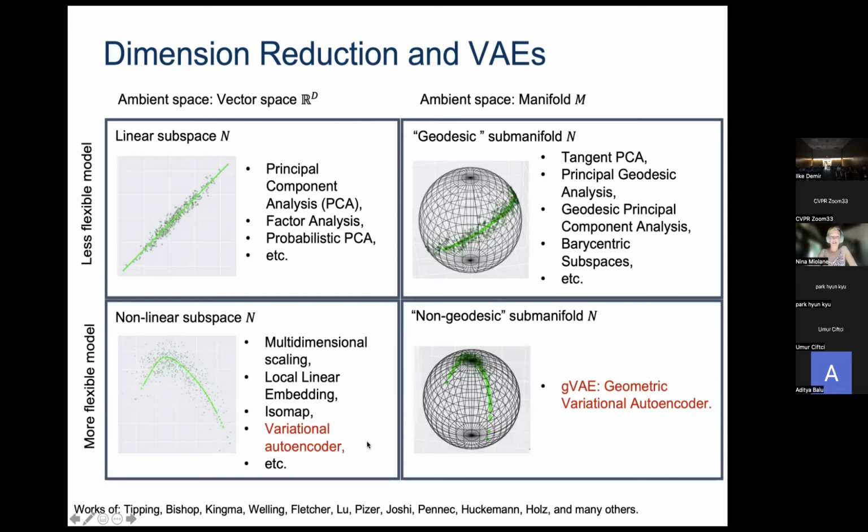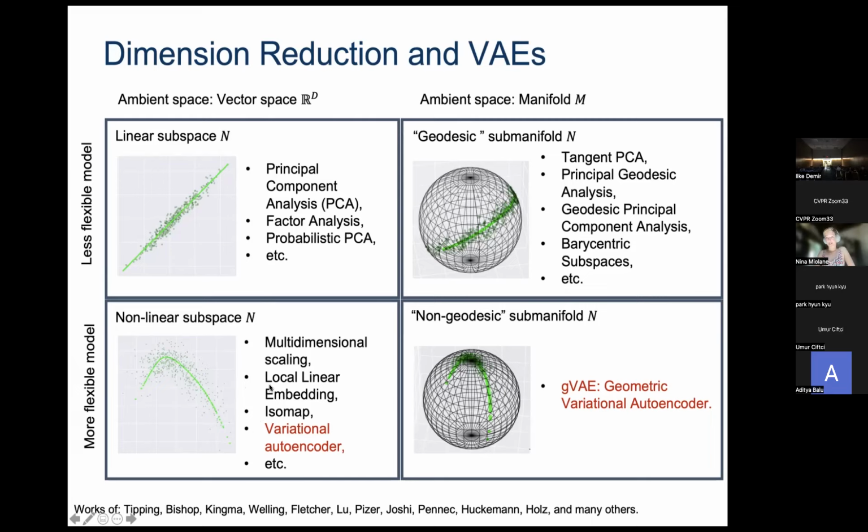This class of methods operates in an ambient space that is again a vector space, again represented as R2 here. But instead of learning variations of the data that are linear, as PCA would do, we are allowed to learn a nonlinear subspace M. You see the light green line is now nonlinear.